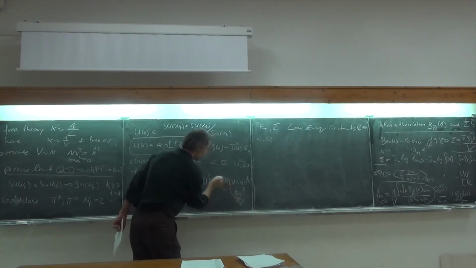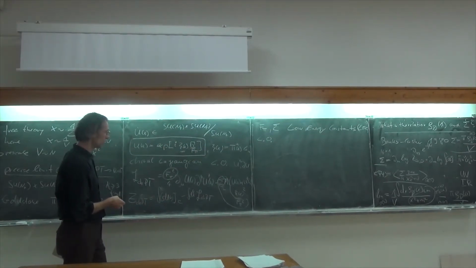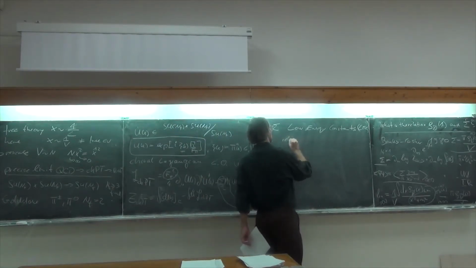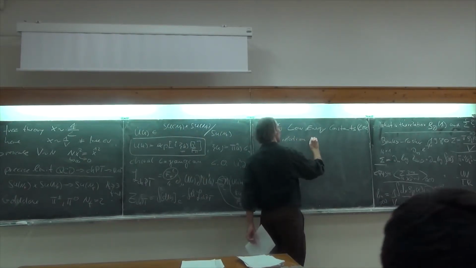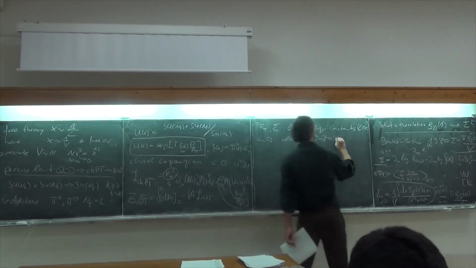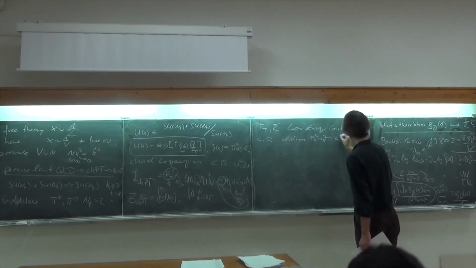So these are the masses, but remember M are the quark masses, and this can be argued using a spurion technique. So you get a relation between the pion masses and the quark masses, and I believe it should look like this.